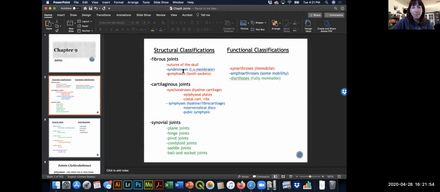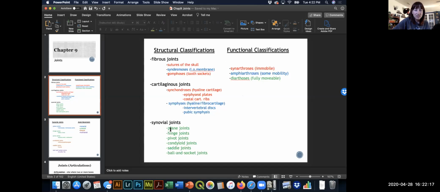So your fibrous and cartilaginous joints, this is pretty much it, okay? The different types, the names of them, and whether they are synarthrotic or amphiarthrotic, and your fibrous joints are gonna be one of those. And your synovial joints are gonna be your only diarthroses, okay?